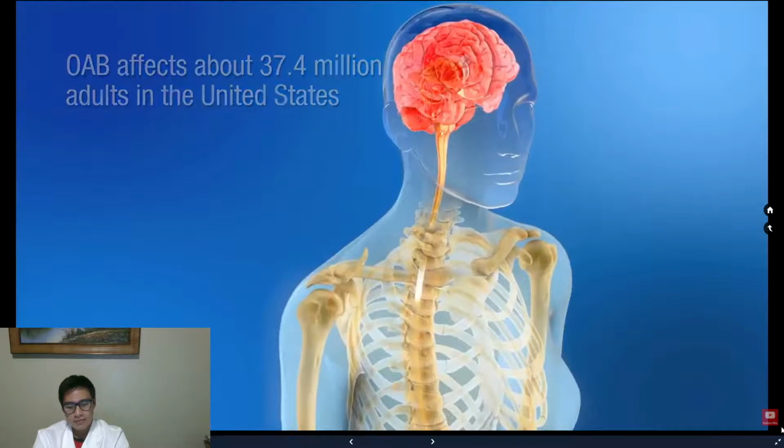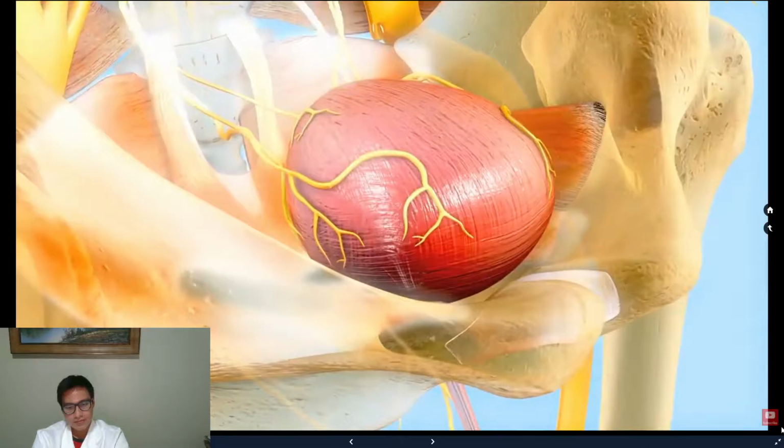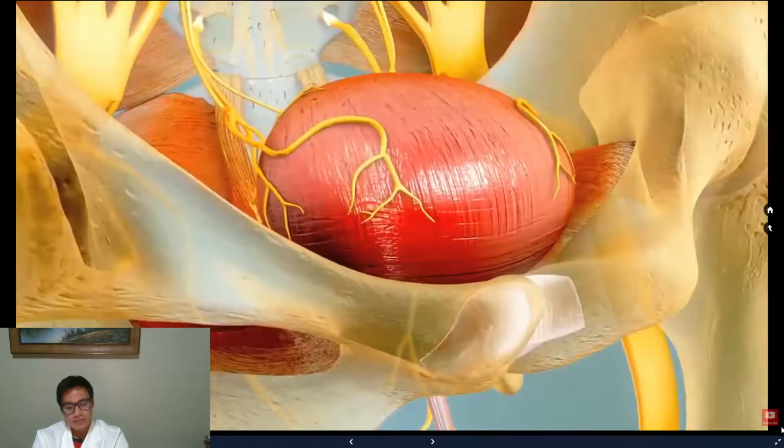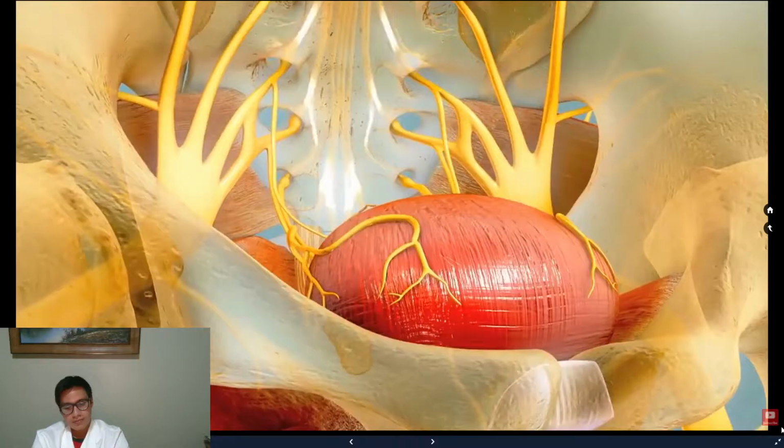Neural pathways in the brain, spinal cord, and peripheral nerves together regulate urine storage and elimination through coordination of the bladder, urethra, and pelvic floor muscles. During bladder filling, sensory or afferent signals convey information on bladder fullness, in part via the sacral nerves.